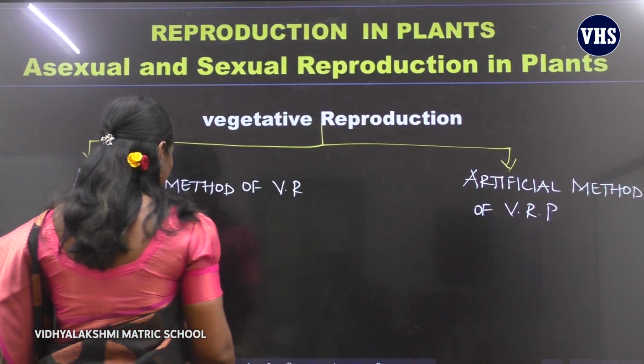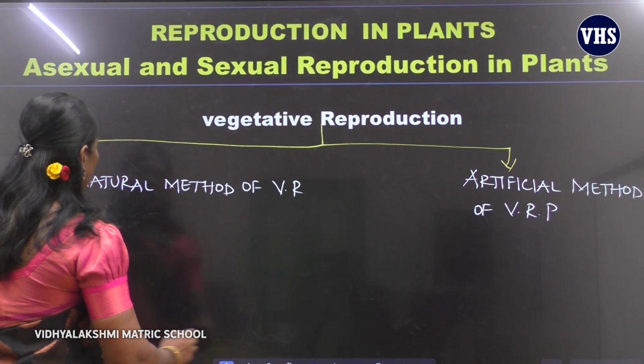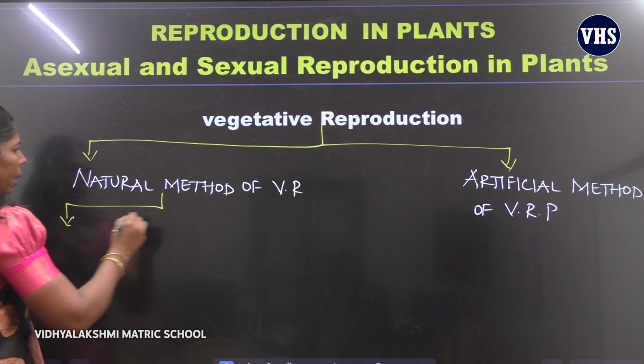Under the natural method of vegetative reproduction, we are going to see three categories.